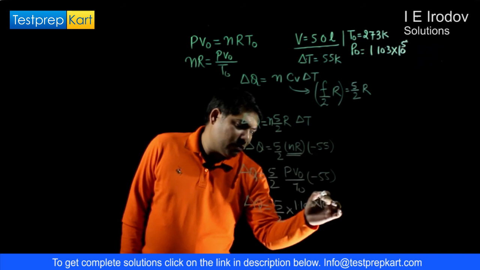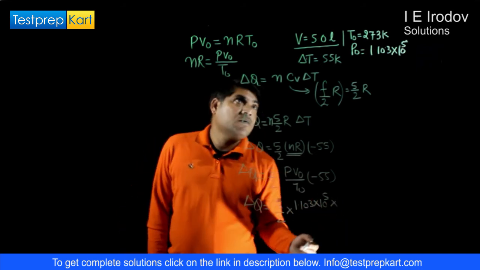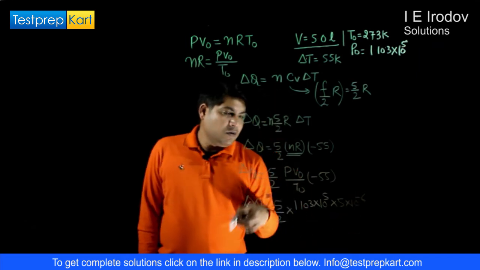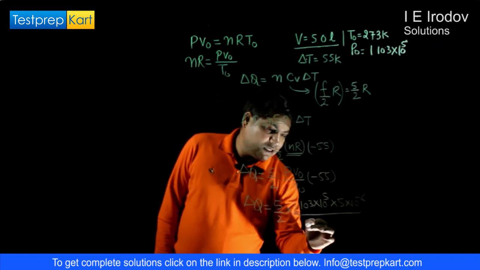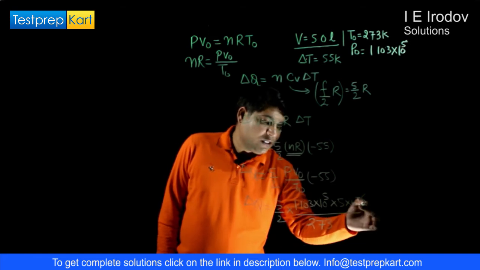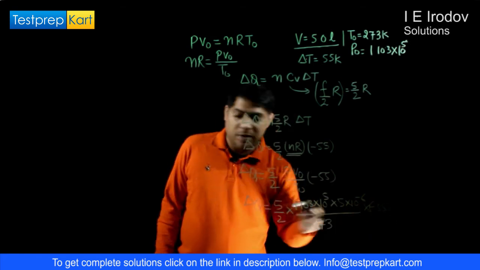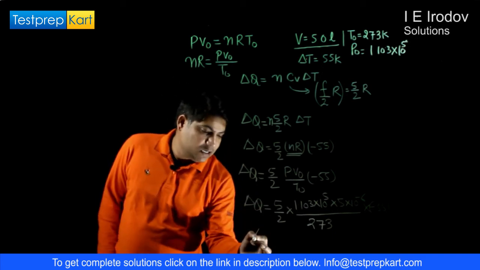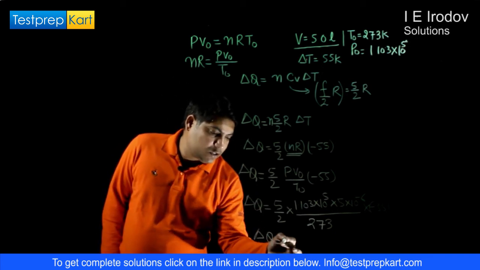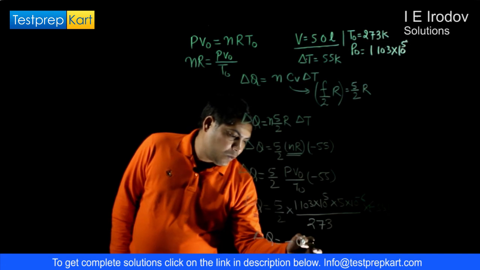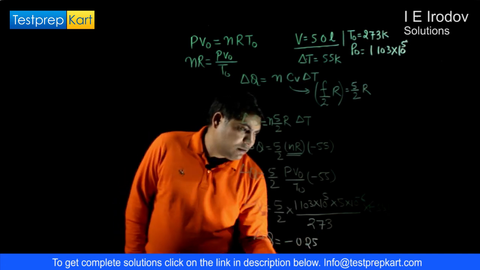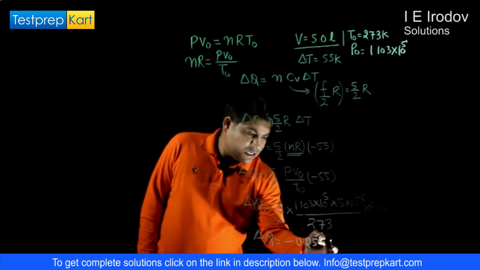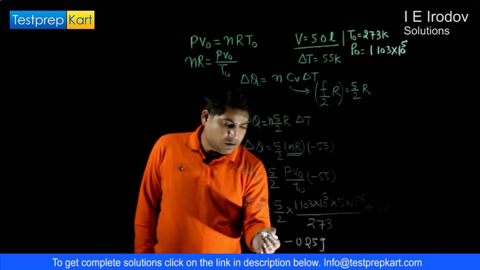So from here we can calculate the heat lost by this system: 5/2 into 1.103 into 10 to the power 5 into 5 liters, so 5 into 10 to the power minus 3 meter cube. We are taking SI units. And this is divided by 273, into minus 55. From here I will calculate this, then we get Q equal to minus 0.25, and it is in kilojoules.